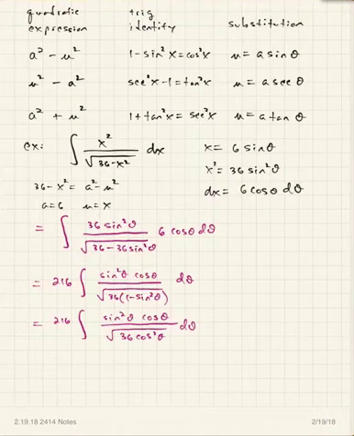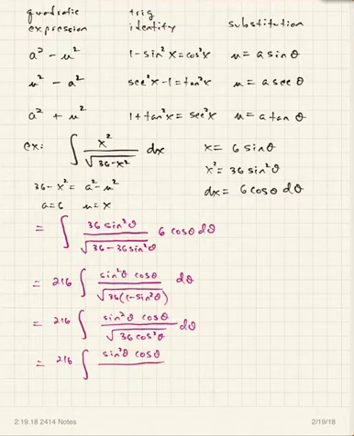And as long as cosine is positive, we can rewrite this. Let's see, we'll have sine squared theta, cosine theta in the numerator. In the denominator, this would be 6 cosine theta, and then d theta, like that. Now the 6 will come out and divide into the 216 36 times.